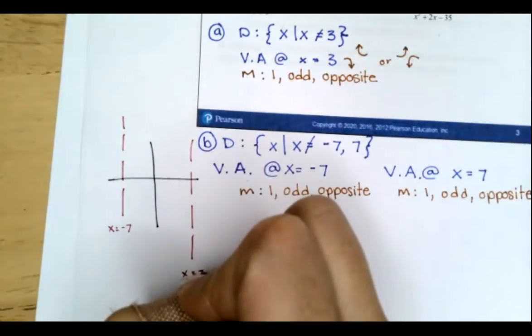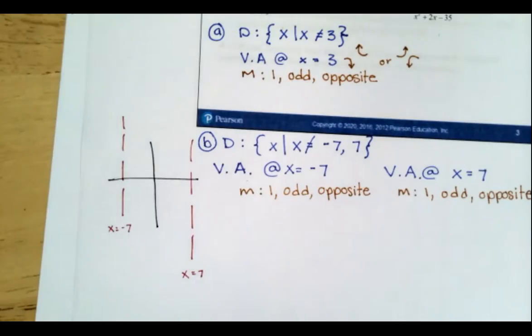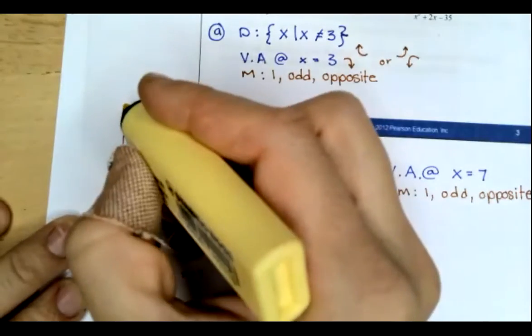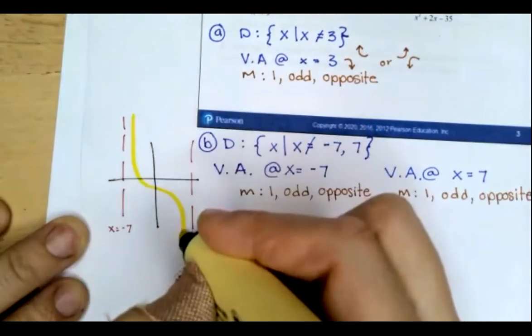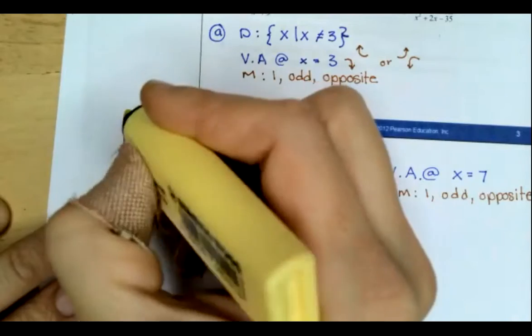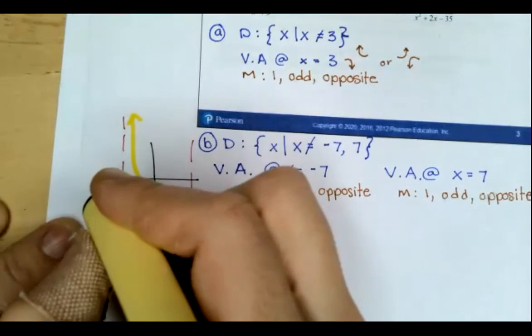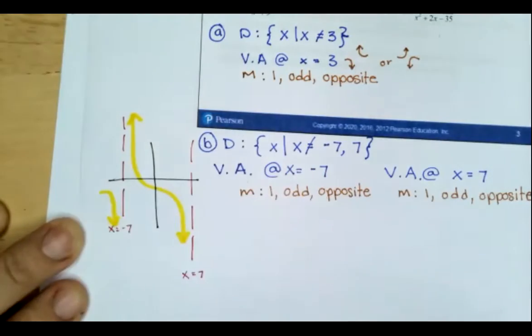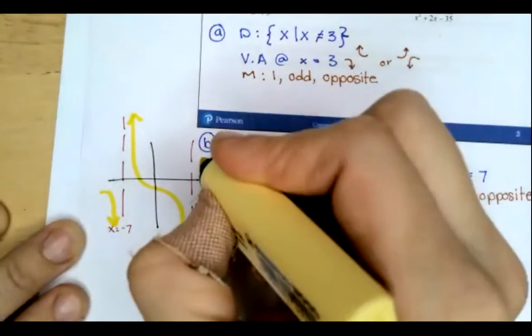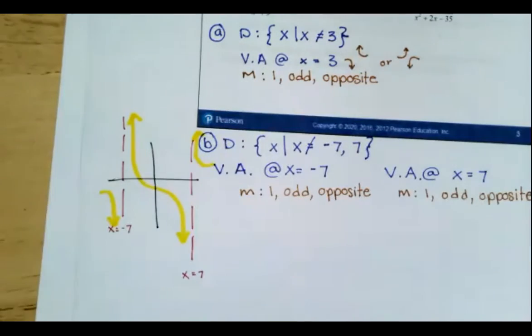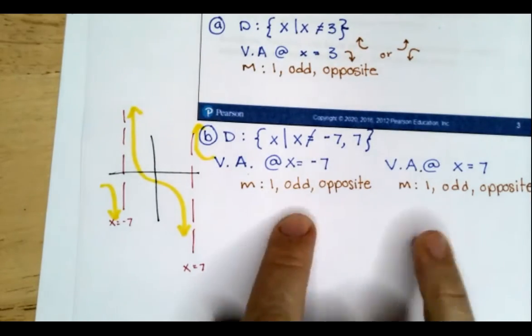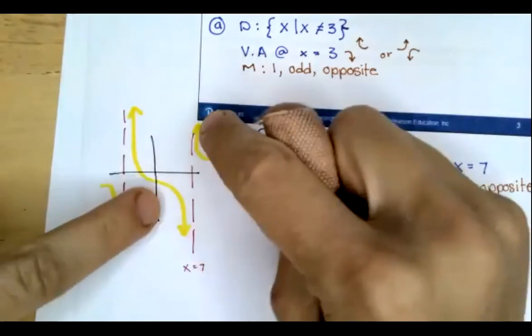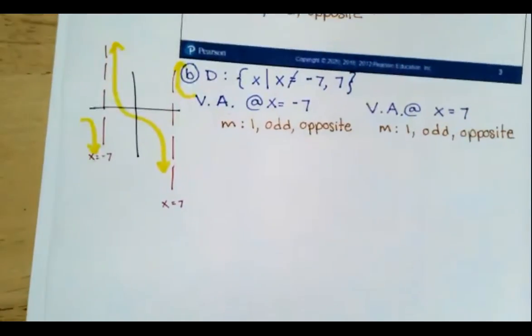Here is x equals 7, right? And it might be doing this, and then that, and that. For example, for B. Okay. So they're going in opposite directions. So it's up and down, up and down.